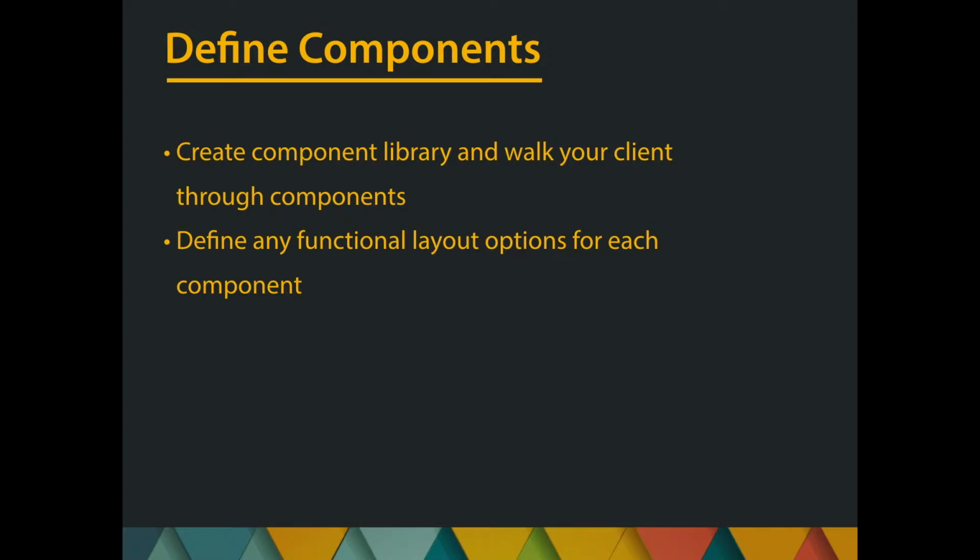So once you have this talk, define what components need to be done in your library, and actually create a style guide. And it can be multiple options. It can be a living style guide, it could be a PDF style guide, but the idea is to define all possible components on the website.